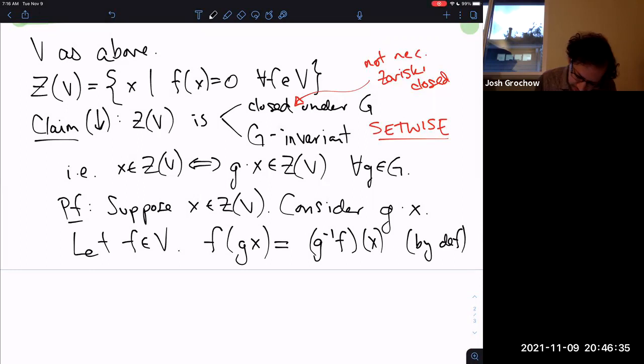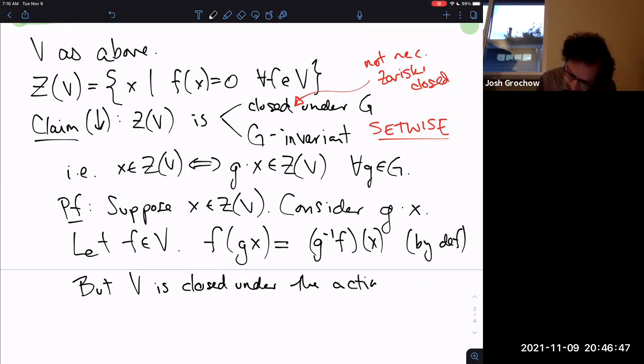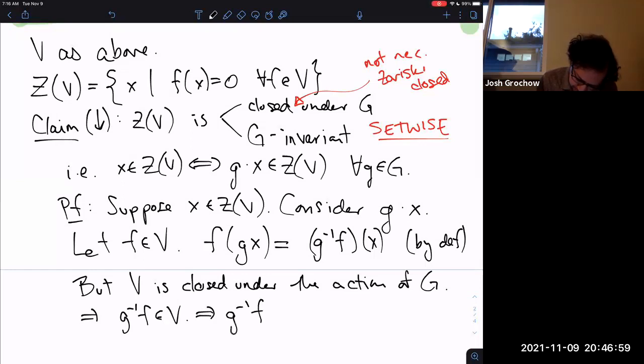Okay, but V is closed under the action of G. So G inverse F is also in V, which means G inverse F evaluated at X is 0 because X was in ZV.